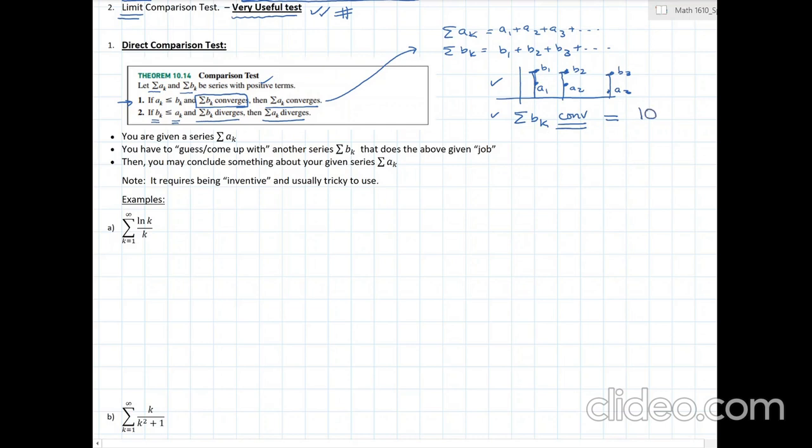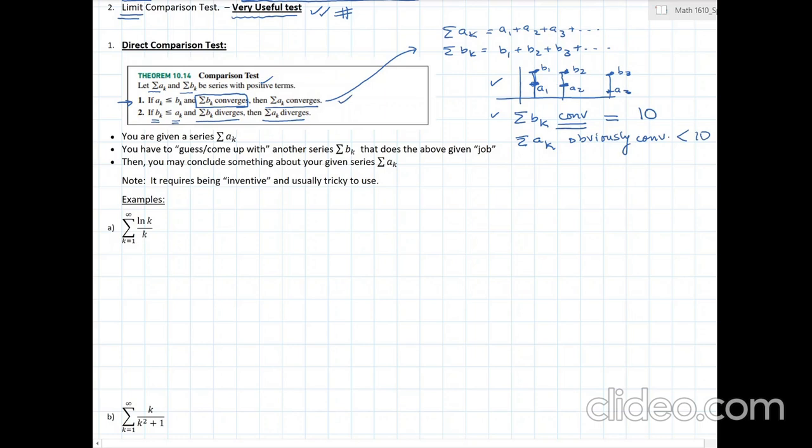Then the series AK, which is A1 plus A2 plus A3, and remember, these guys are always less than the B's, so this sum of A's would obviously converge. In fact, it will converge and be less than 10 because it's always less. So that's why it makes intuitive sense.